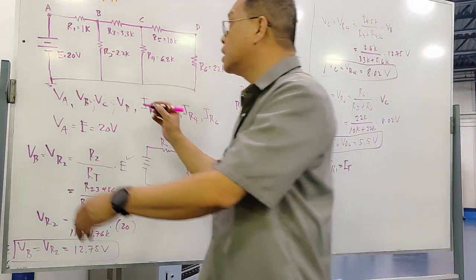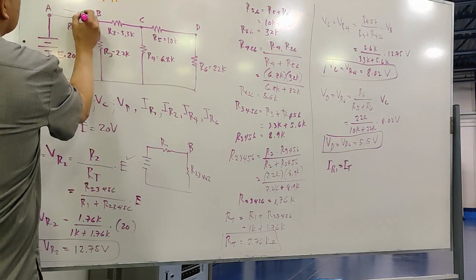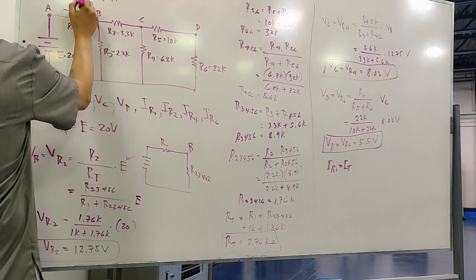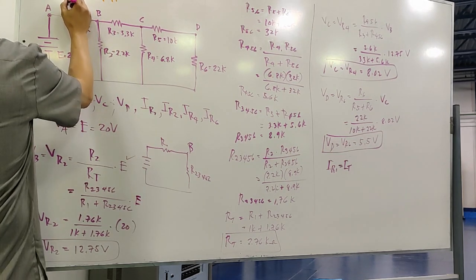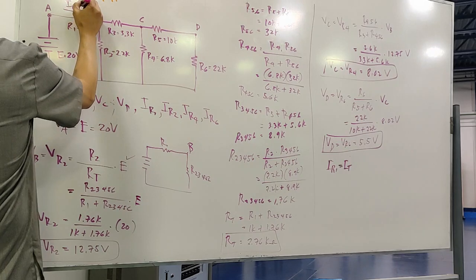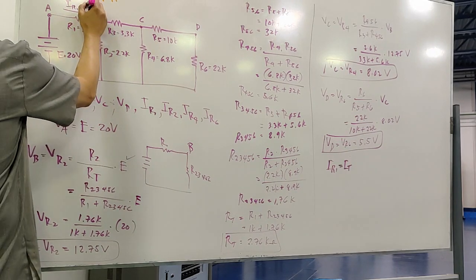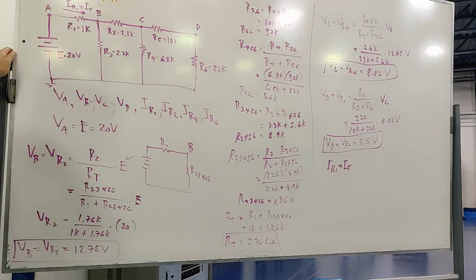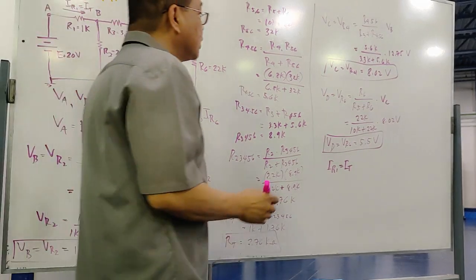Because this is the line right here. Which is just similar to the I total.